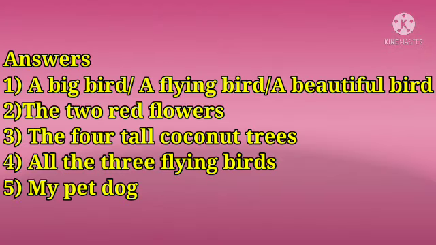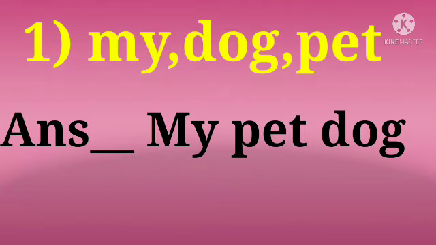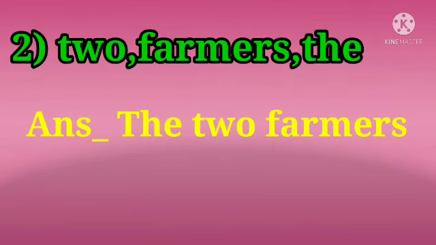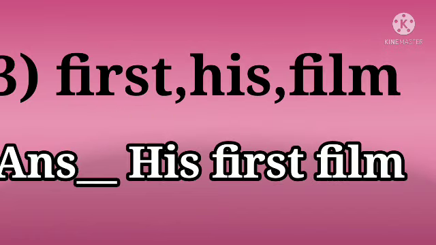Activity 2. Make noun phrases using the jumbled words. My dog pet. What will be the noun phrase? My pet dog. Two farmers the. Answer is the two farmers. Third one.